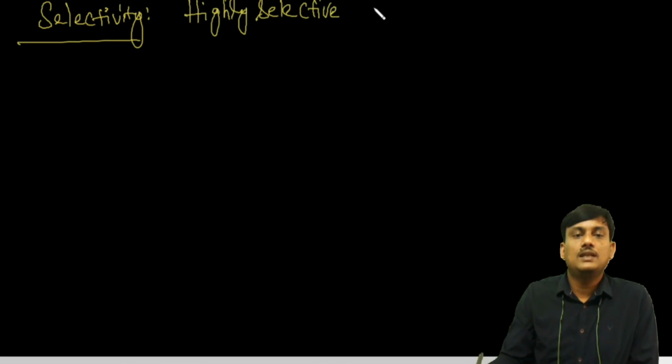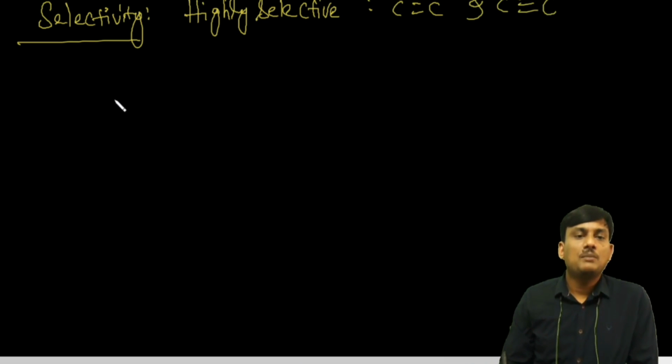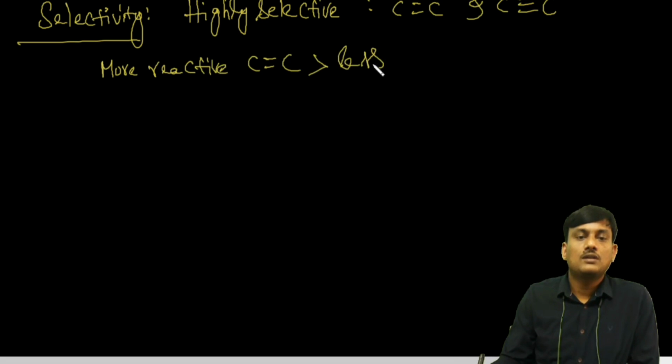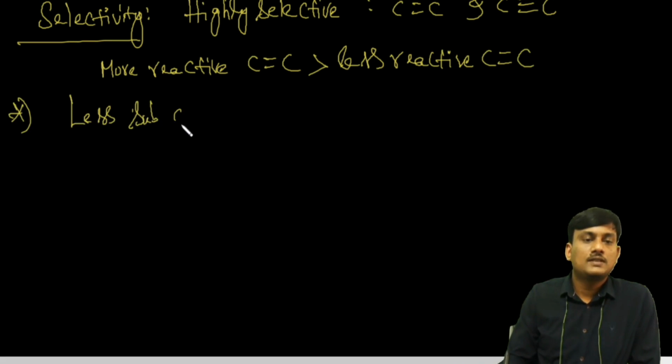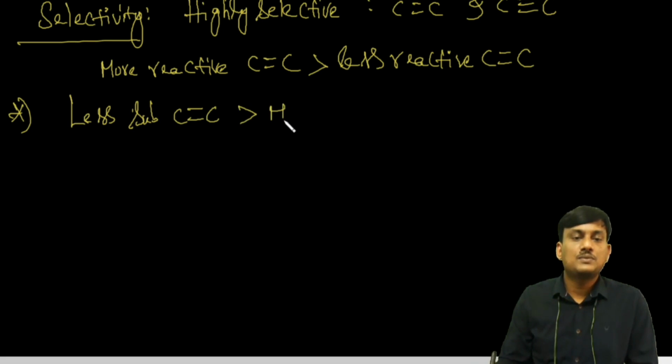It can reduce only C double bond C and C triple bond C. Among C double bonds, the more reactive C double bond C will be reduced over the less reactive C double bond C. Suppose you take a less substituted C double bond C and a more substituted C double bond C, the less substituted one will be reduced over the more substituted one.